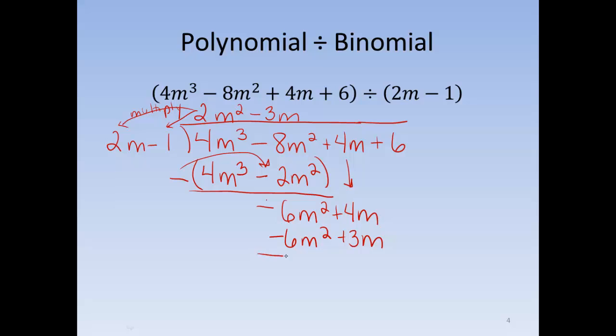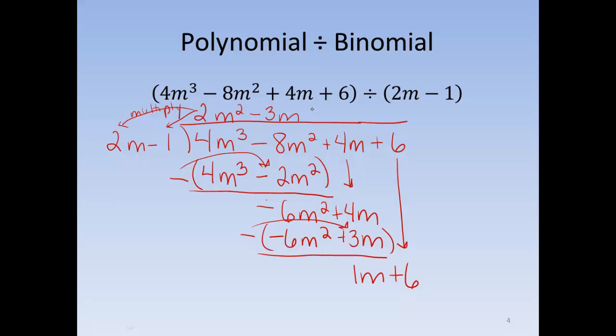Negative 3m times 2m is negative 6m squared. Negative 3m times negative 1 is positive 3m. Again, all my like terms are lined up. First terms are identical. Take all this and subtract. 6m's cancel. 4m minus 3m is 1m. Bring down the 6. What do I need to multiply 2m by to get 1m?